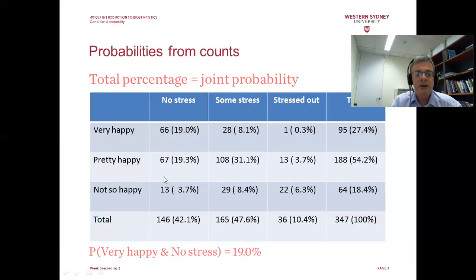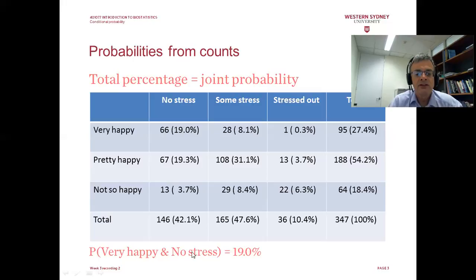And so if we took one student at random, the probability that that student fell into the category which was both very happy and no stress is 19%.